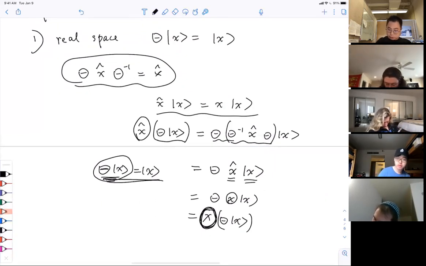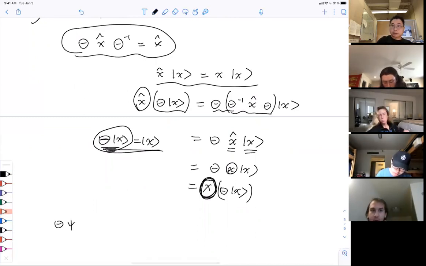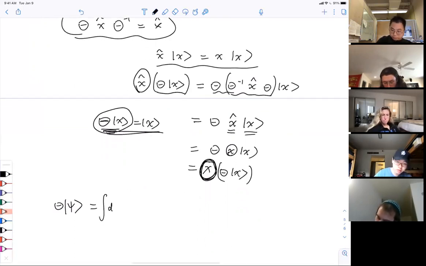Once you have this equation, you know how the wave function transforms under the time reversal in real space.